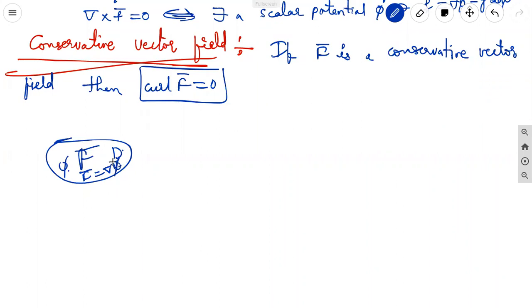When the curl of f vector, or any vector, is equal to 0, then that vector is associated with the scalar potential function phi, and it satisfies the relation that the conservative vector field is equal to del phi or grad phi.